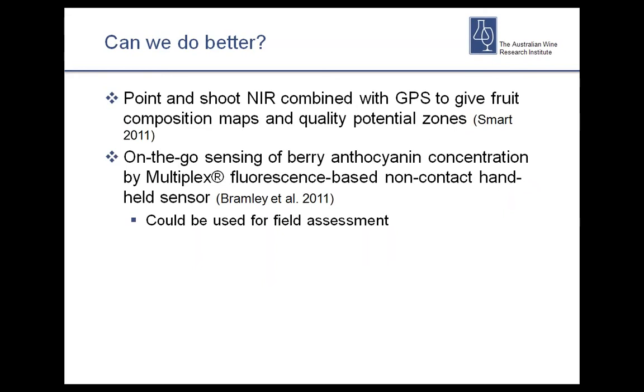And there was a recent paper on the on-the-go sensing of anthocyanin concentration by a multiplex fluorescence-based non-contact handheld sensor, which could be used for field assessment. Now, even if this technology is not able to replace the standard vineyard assessment by scoring of vine attributes, at the very least it could be used to identify zones within a vineyard block to permit more accurate and representative sampling.